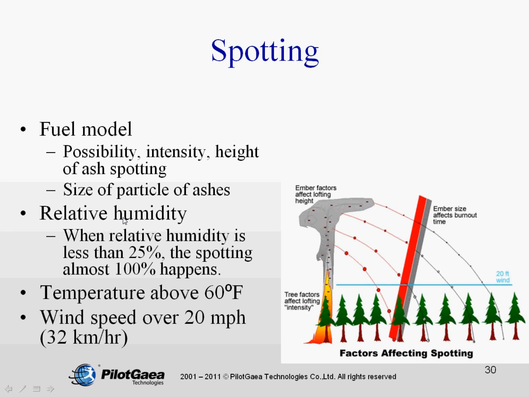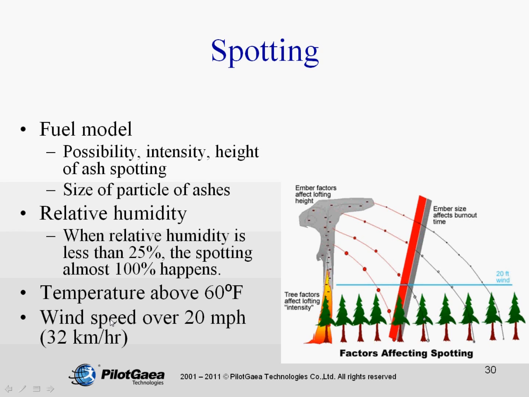Relative humidity in the air also affects the generation of spotting. If the humidity is less than 25%, the spotting almost 100% happens. The temperature and wind speed are also important factors.